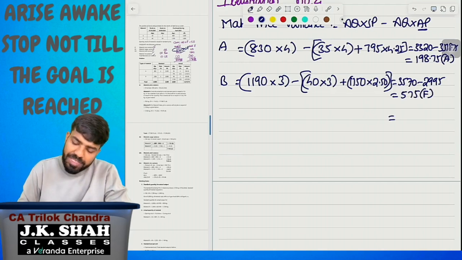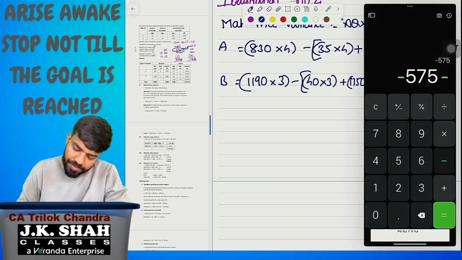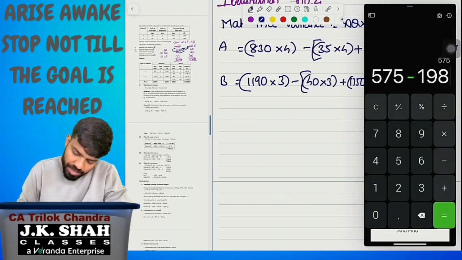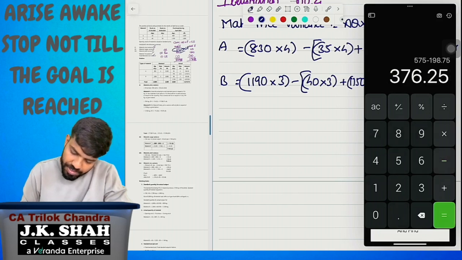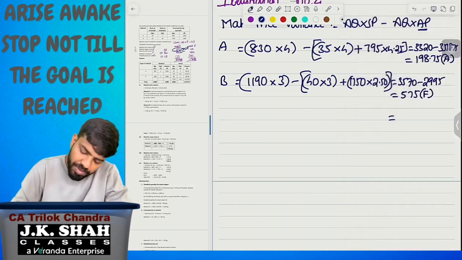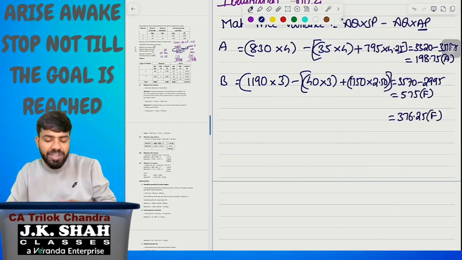So the net amount is 575 favorable minus 198.75 equals 376.25 favorable. This is how we need to calculate the price variance.